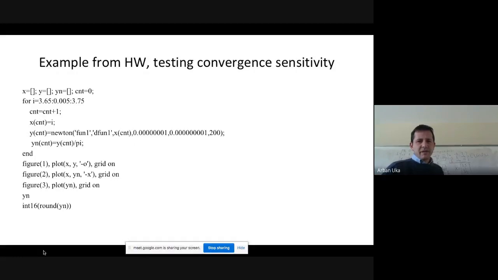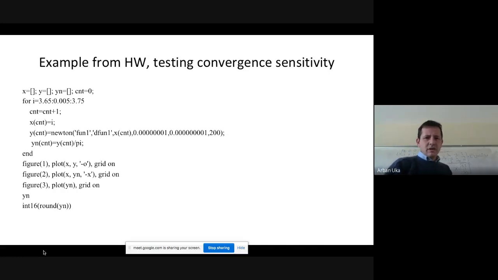And then I had a couple of questions by email regarding the homeworks which was dealing with the convergence problem. And maybe I just put a couple of slides here so that we can have a look of how a possible answer could be formulated.